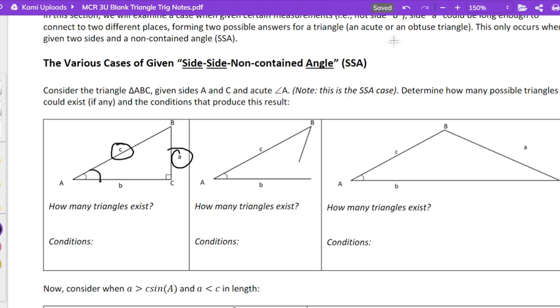So the angle is not between the two sides. That's what SSA means. Let's make that note: SSA means the angle is not between two given sides. When we talk about given, we mean we know their lengths. So if we have an SSA, that is the first criterion to check for a possible ambiguous case.